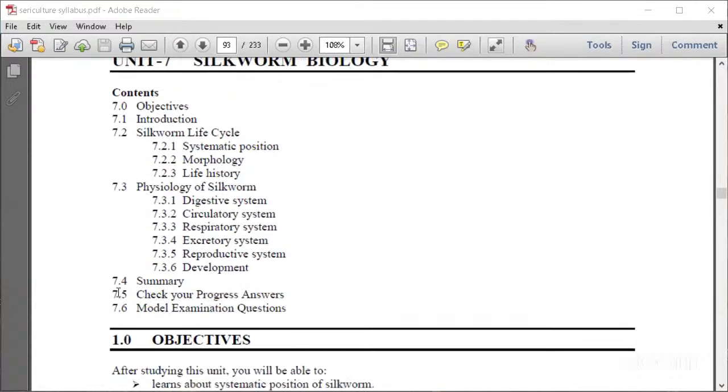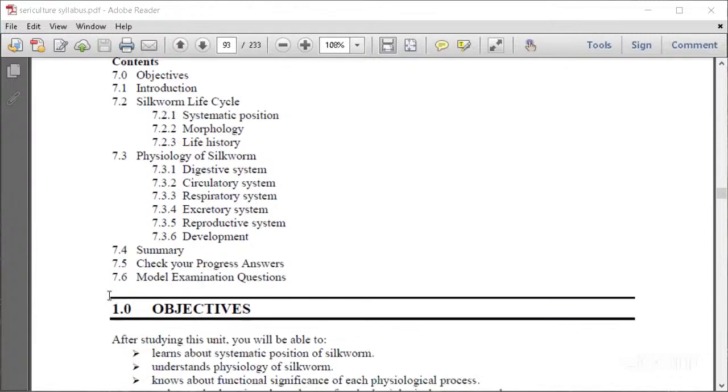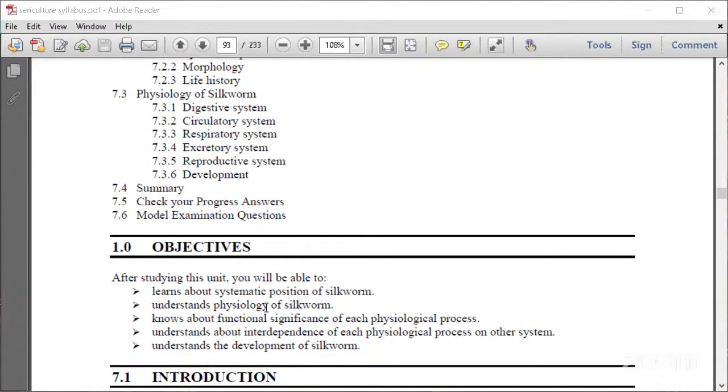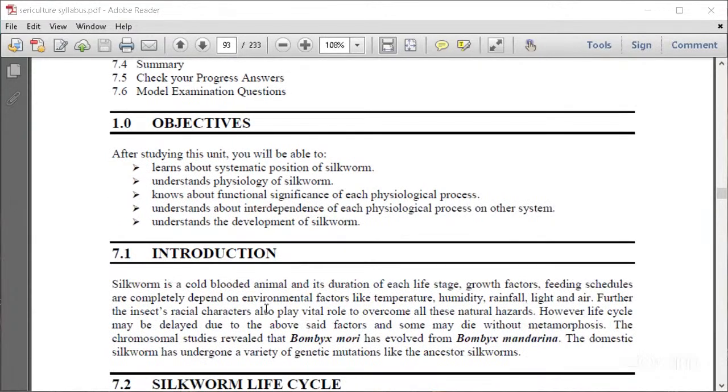Our next topic is silkworm biology. In this topic, we are going to discuss the silkworm life cycle, systematic position, morphology, life history, and physiology of the silkworm, and how the digestive system of the silkworm looks, and how the circulatory, respiratory and excretory systems and the reproductive system look, and what the developmental stages of the silkworm are.